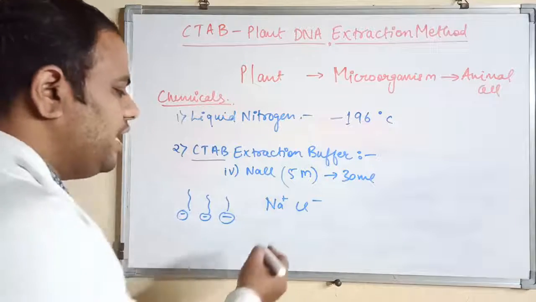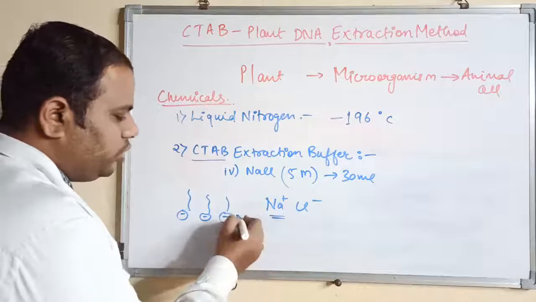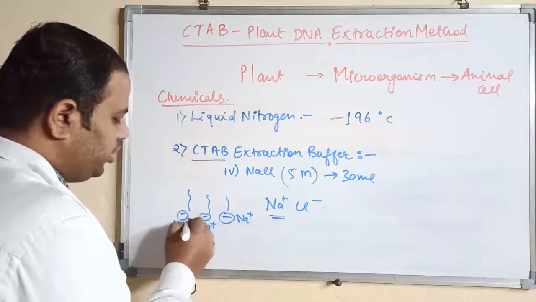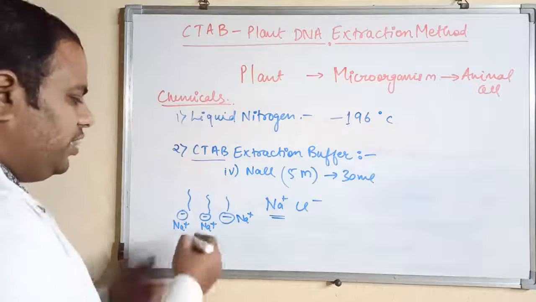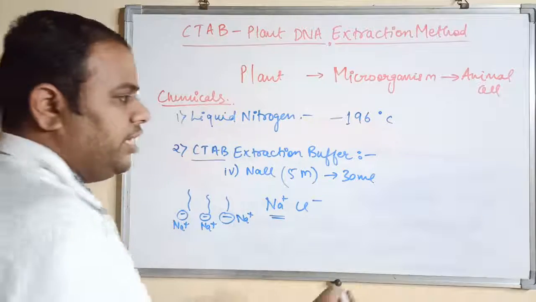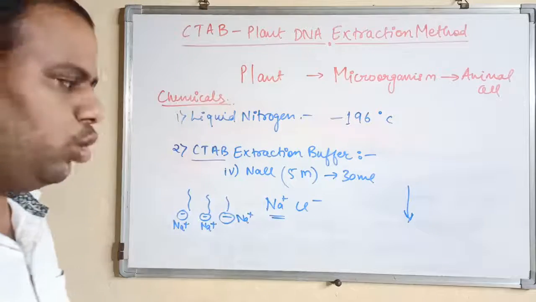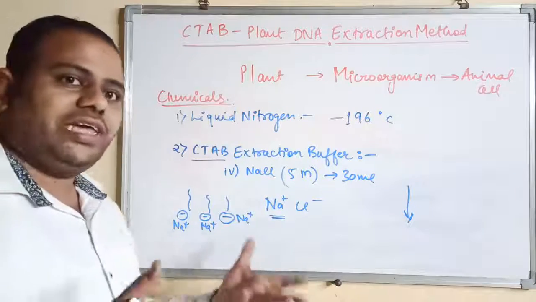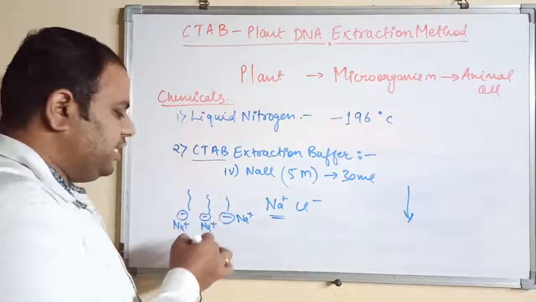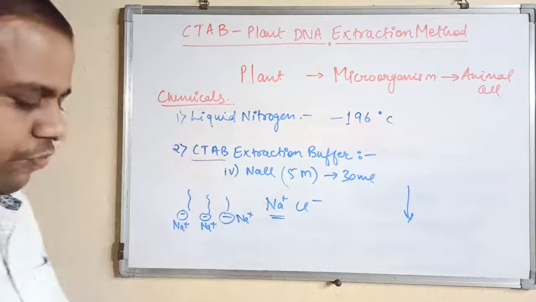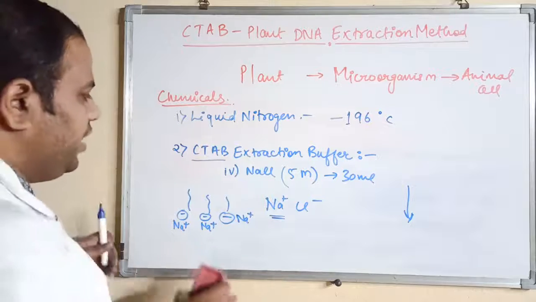The Na positive ion binds to the DNA and neutralizes the negative charge on the DNA. When the DNA charge gets neutralized, the DNA tends to precipitate, or separates out from the solution. In the mixture where the cell has been lysed, DNA tends to separate out due to the NaCl that we have added in the CTAB extraction buffer. So this is the role of NaCl here.